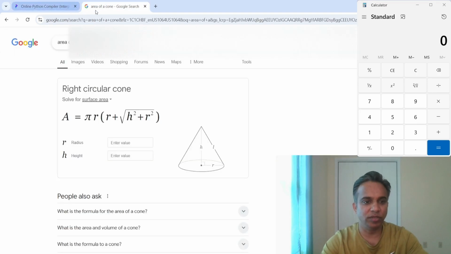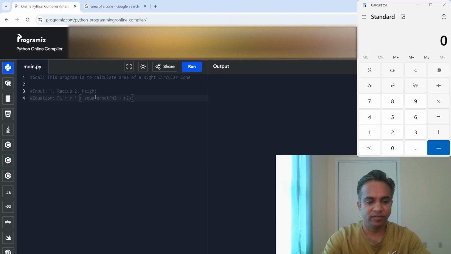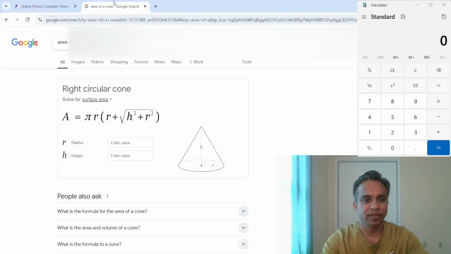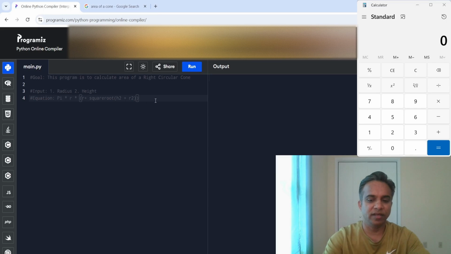That is the equation. Now the output is nothing but the area of a right circular cone.